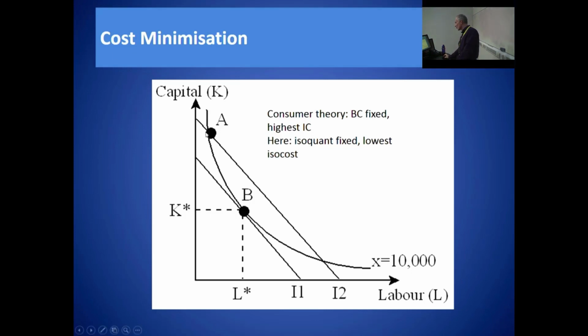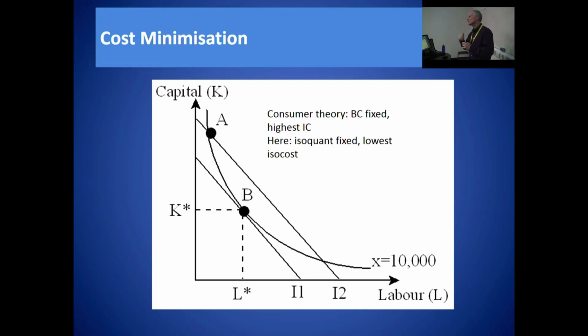The isoquant associated with our level of output is fixed. And given this fixed isoquant, what we then look to do is identify the lowest possible iso-cost curve. Once we do that, that's the least cost combination way of producing any given level of output.